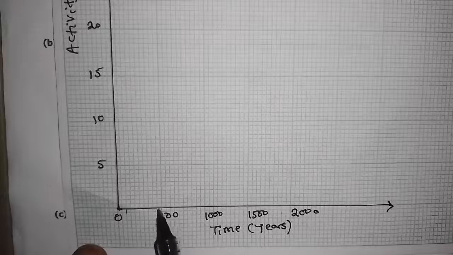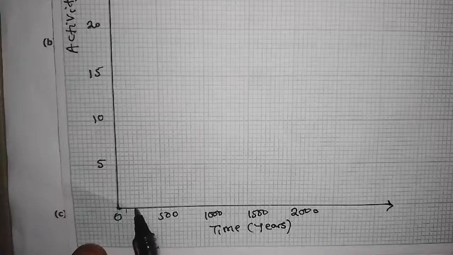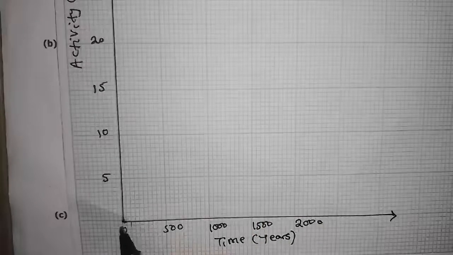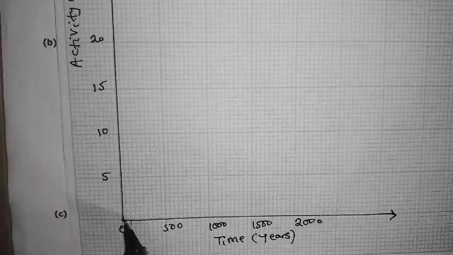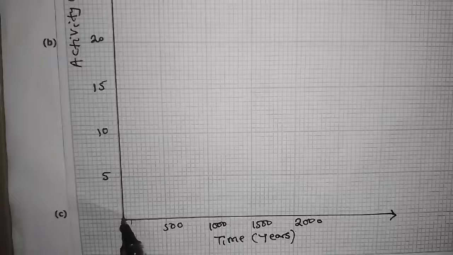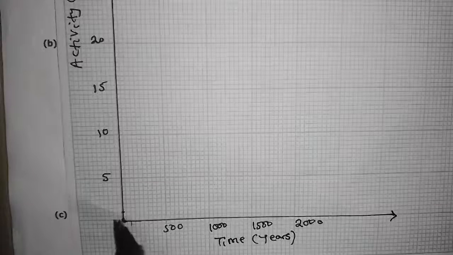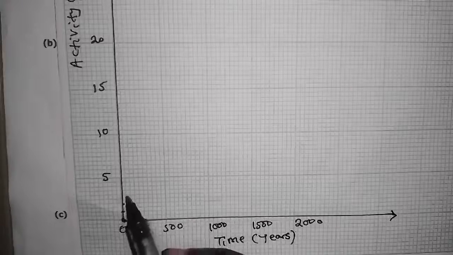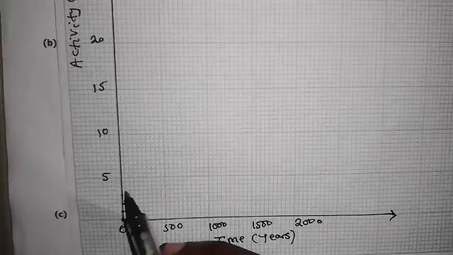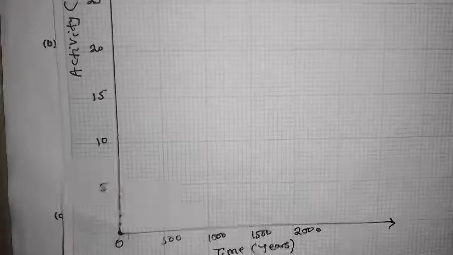So 2 small boxes, that is 100, 200, 300, just like that. And then on the y, from 0 to 5, the counting is 0, 2 boxes, 1, 2, 3, 4, 5. That's how we are counting.